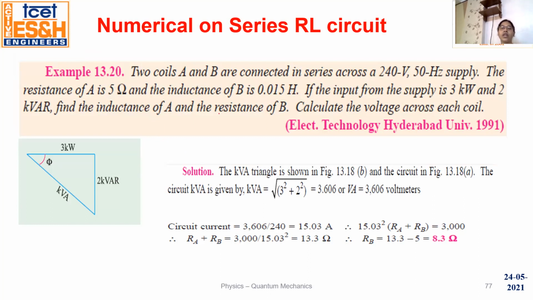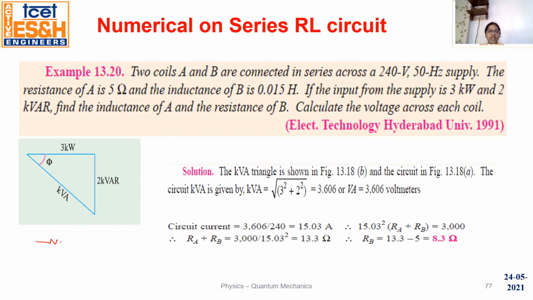If you have two coils, it means two separate inductances and two separate resistances. The resistance of A is 5 ohm and the inductance of B is 0.015 Henry. If the input from the supply is 3 kilowatt and 2 kVAR, find the inductance of A and the resistance of B. Calculate the voltage across each coil.